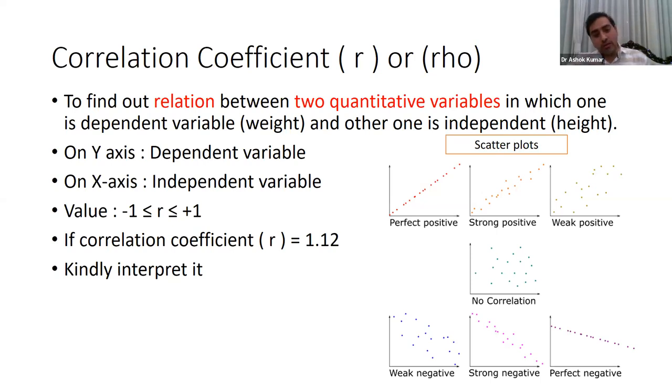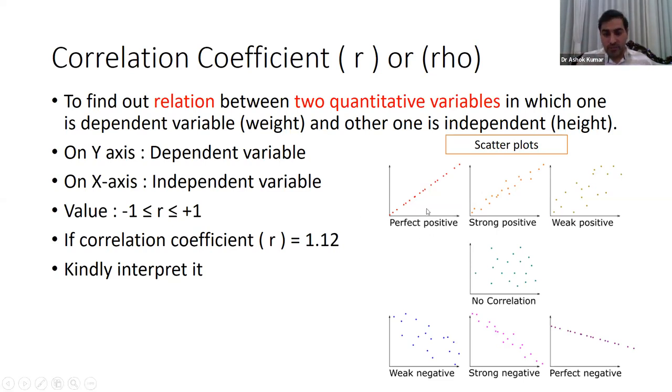It is more than +1. It means it is not correct, it is wrong, because we know the r value must be between -1 and +1. So 1.12 is greater than +1, so it is wrong. Okay, there is something wrong in the calculations.